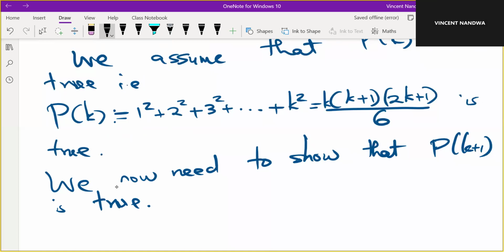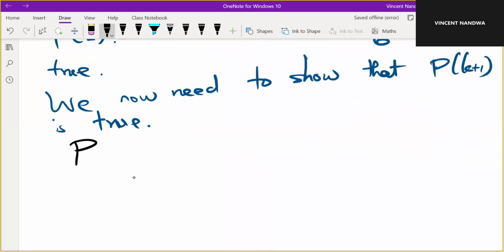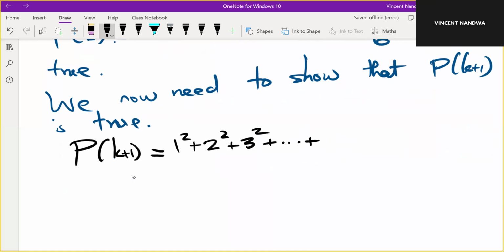So we'll write P of k plus 1 equals 1 squared plus 2 squared all the way to k squared, then plus... Remember the pattern here, we are squaring terms. So the next will be k plus 1 squared, not just k plus 1.